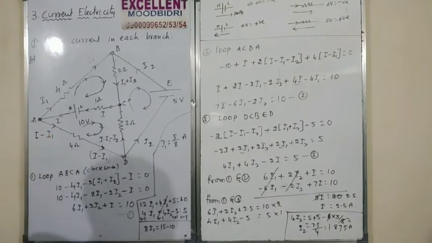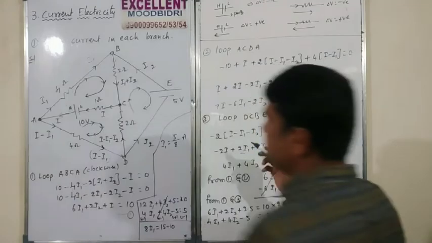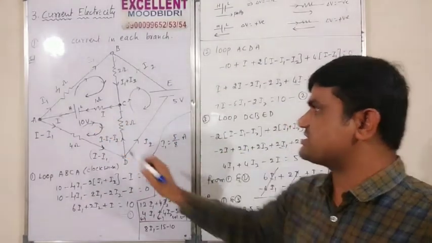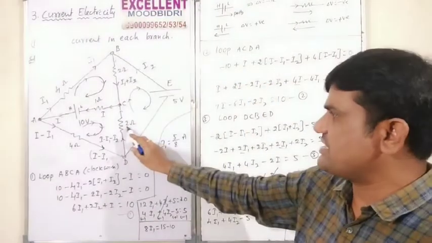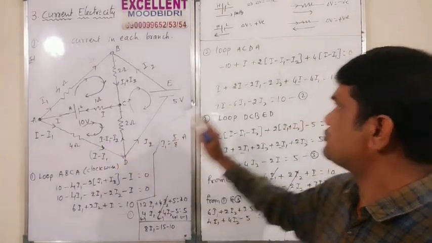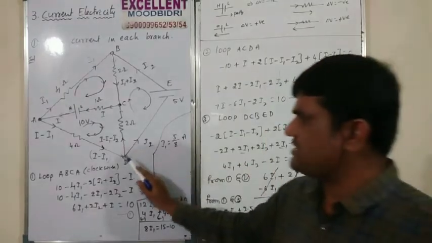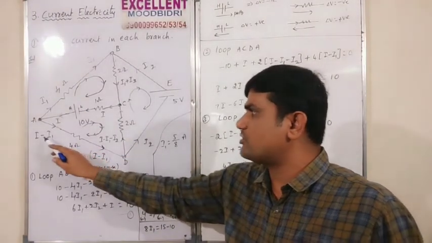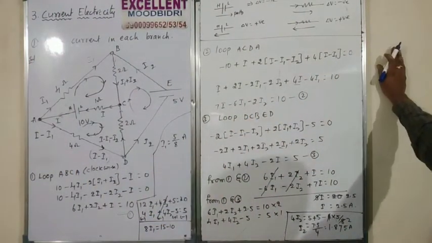Therefore minus 10 plus 1 into I, plus 2 into (I minus I1 minus I2), plus 4 into (I minus I1) is equal to 0.